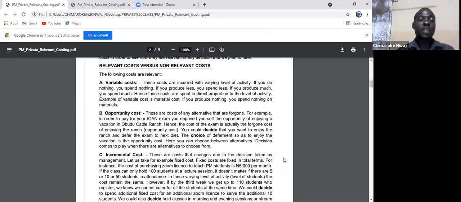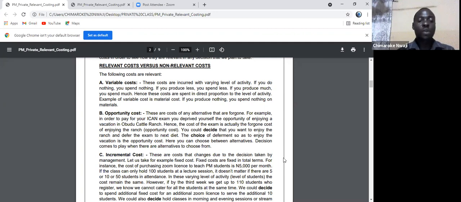Now the next one is opportunity cost. What is opportunity cost? These are costs that are forgone as a result of choosing an alternative.